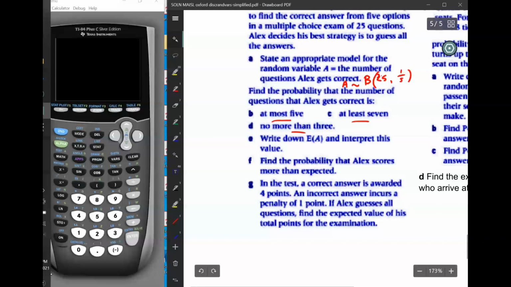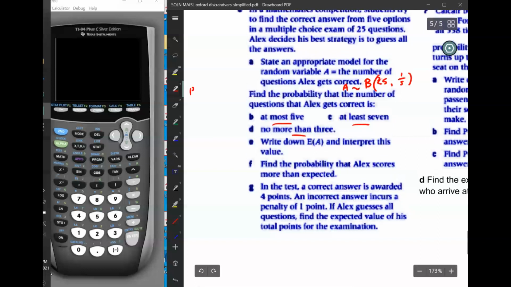The first one is at most 5, and if we wrote that as a math expression, it would be less than or equal to 5, so that includes 5, right? So yes, x is less than or equal to 5. We would use CDF for this one, and the x value would be 5. And of course the n value is 25, and the p value is 1/5.